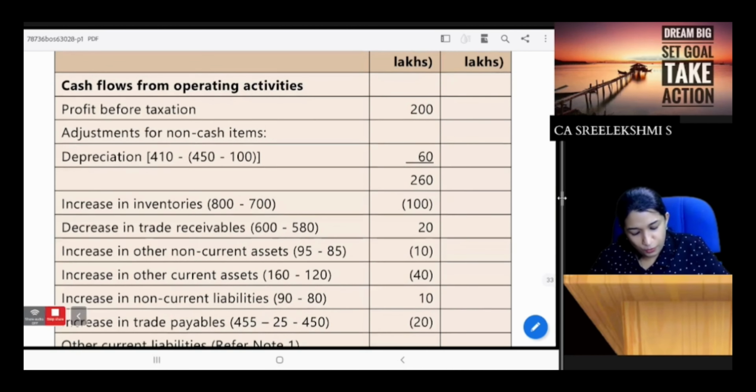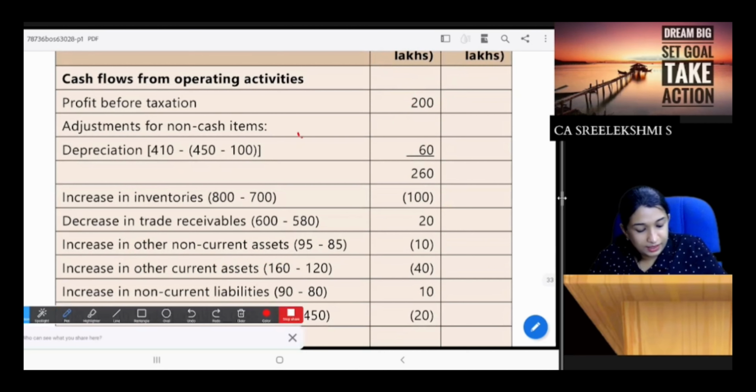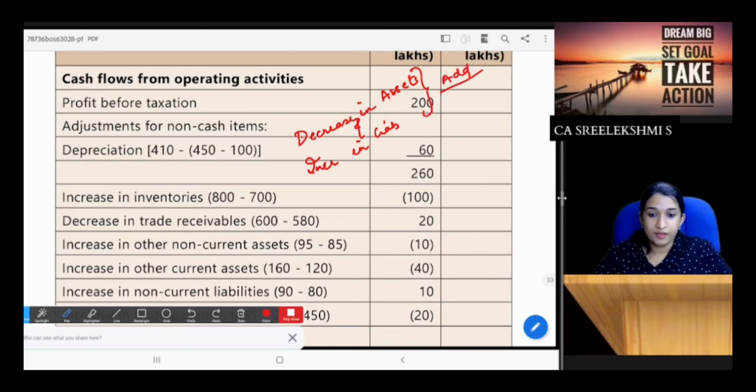So we have a decrease in assets and an increase in liabilities: add. Inventories increased: deduct. Trade receivables reduced: add.